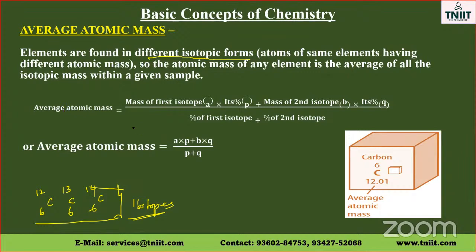Average atomic mass is calculated by the formula: mass of first isotope into its percentage plus mass of second isotope into its percentage, divided by percentage of first isotope plus percentage of second isotope.